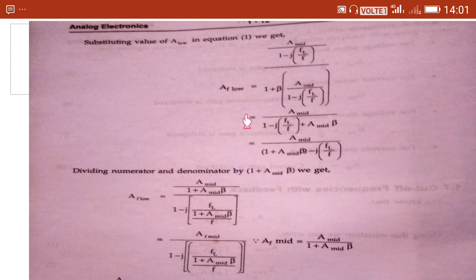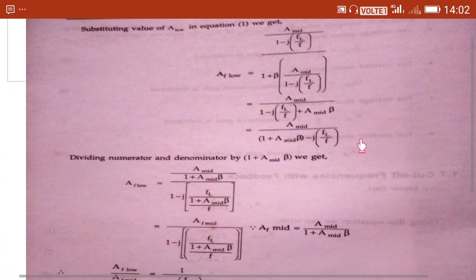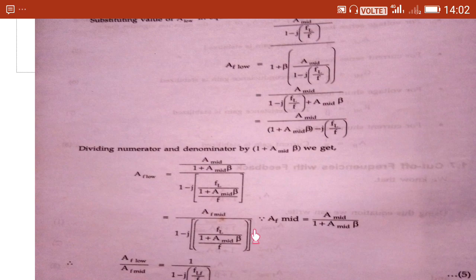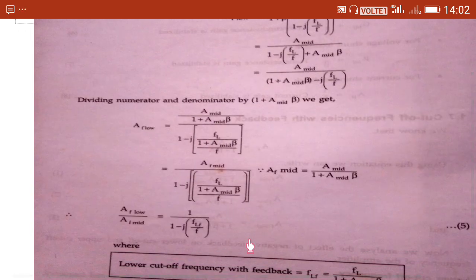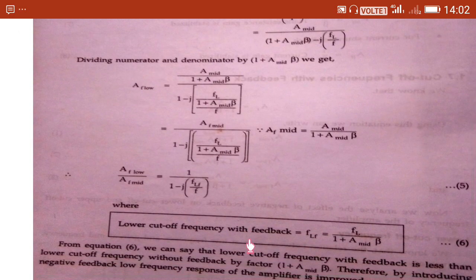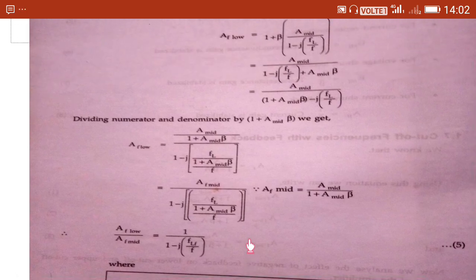Okay, and by manipulating this expression, we can easily come to the conclusion that our FLF is basically FL upon 1 plus A mid into beta. Okay, there is a simple manipulation in these equations. These manipulations are in front of you.